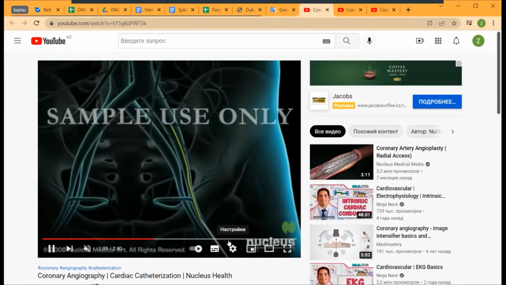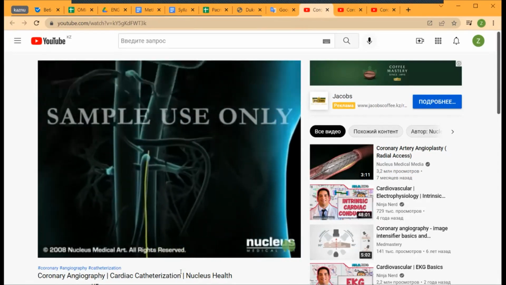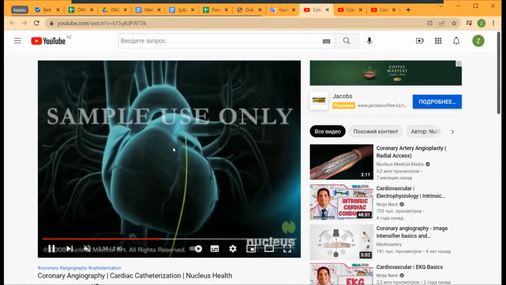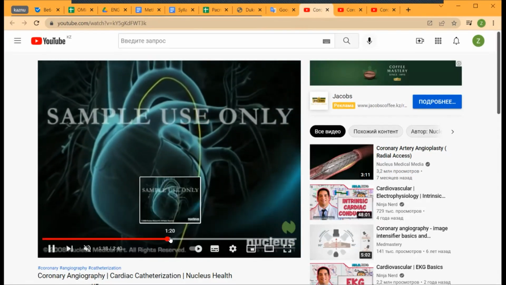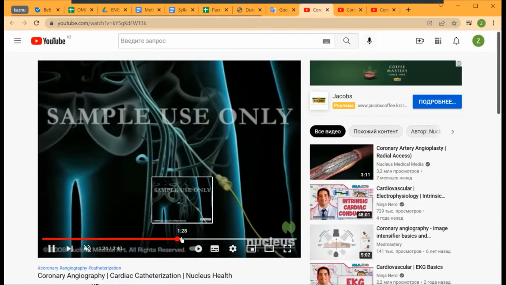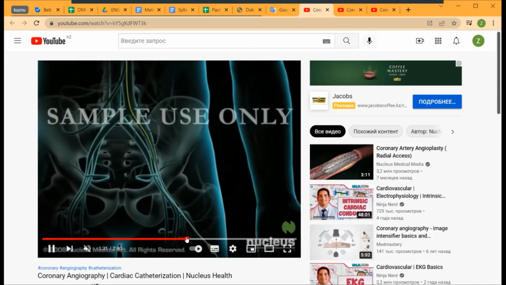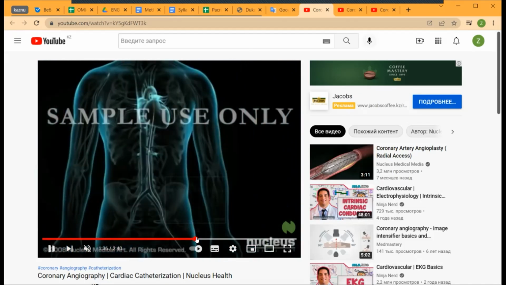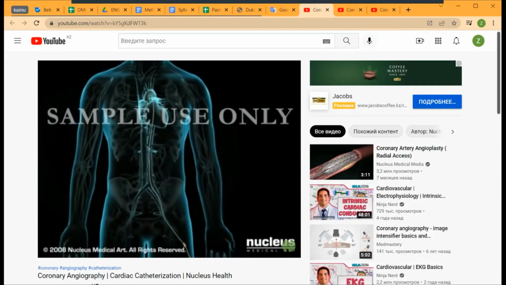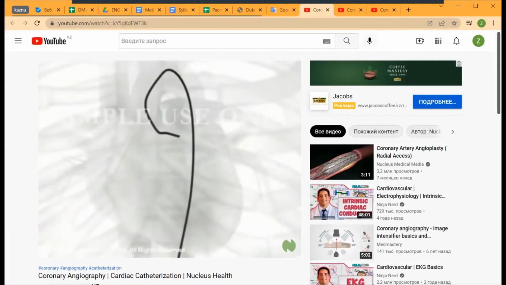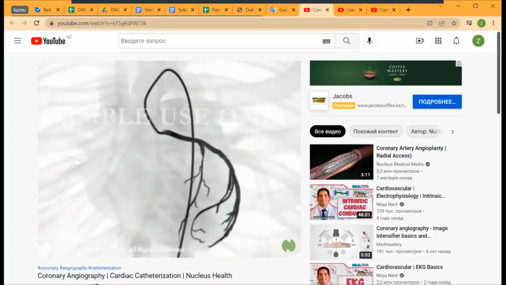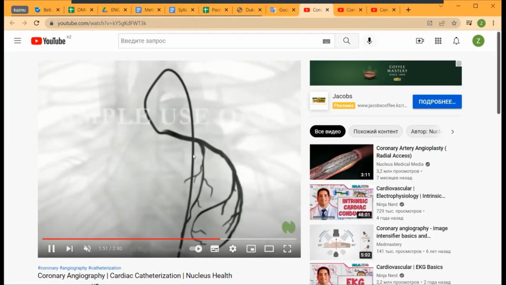Now we can go to the heart through the aorta, and we give contrast. Here it's the X-ray view. You see, we give contrast, and now we can see where the problem is.